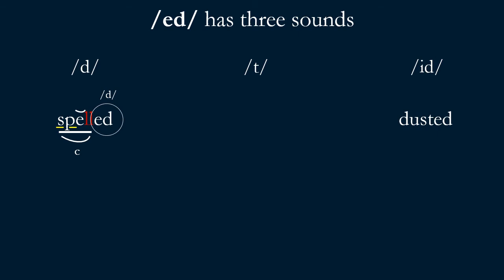Okay, so let's take the word dusted. Well, of course we have a blend there, so we'll put a line under those, and we will find our base word, dust. Okay? When I dust something, I might use a duster. What are you doing, Mom? I'm dusting. Dust is that base word.